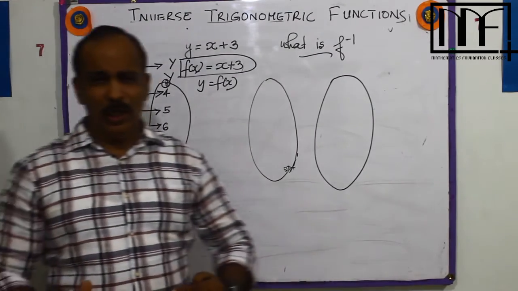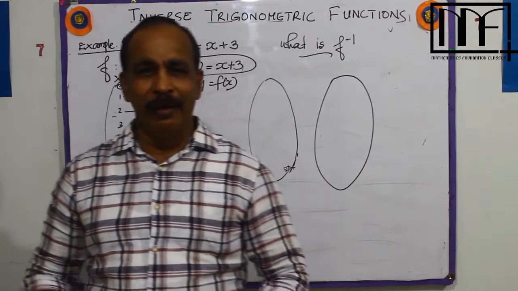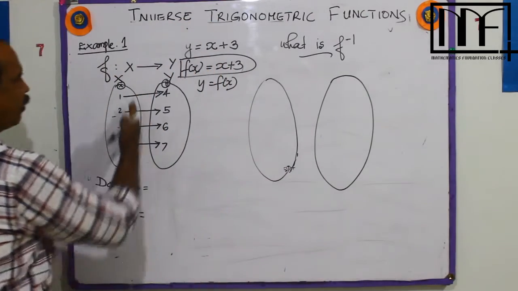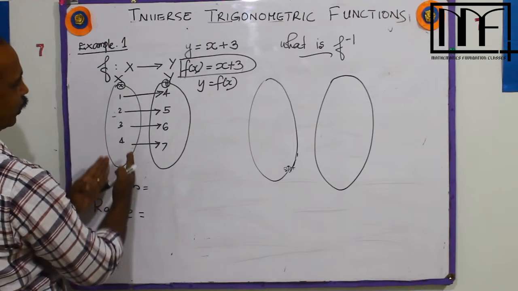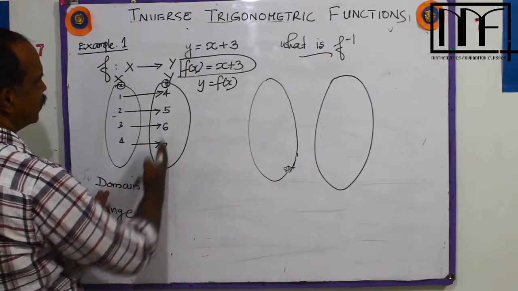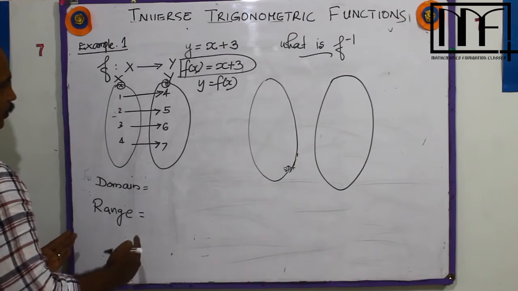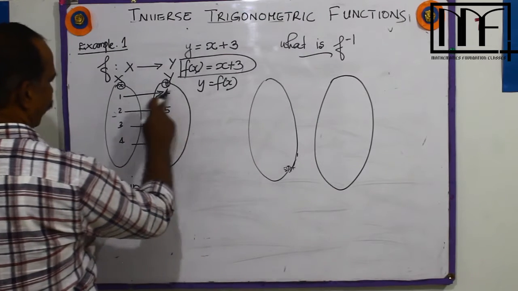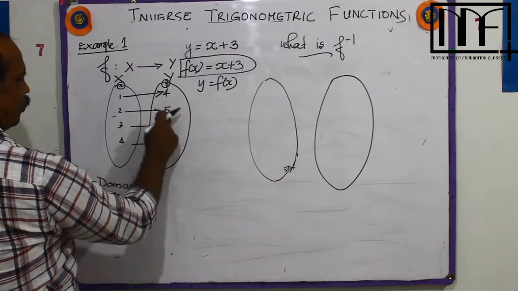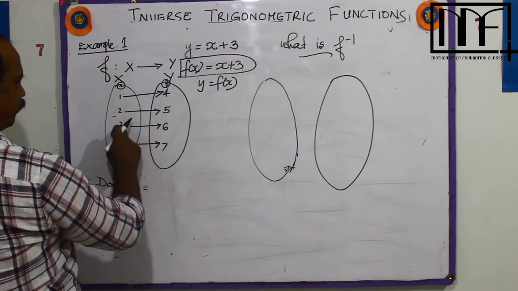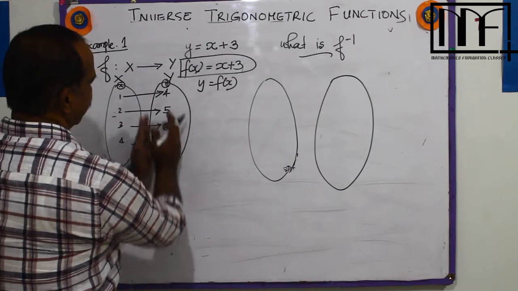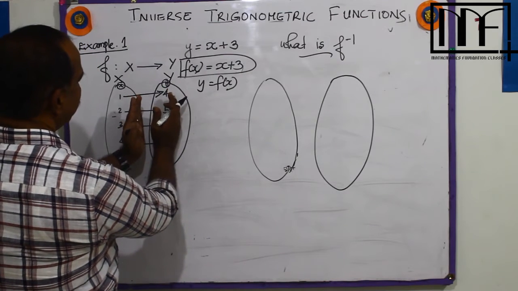Now look at the function once again. You will come to know that the function is 1-1 and onto. All the elements have one image. Look at the domain elements and the range elements. 4 is the image of 1, 5 is the image of 2, 6 is the image of 3, 7 is the image of 4, and all elements in the range are increased by 3.